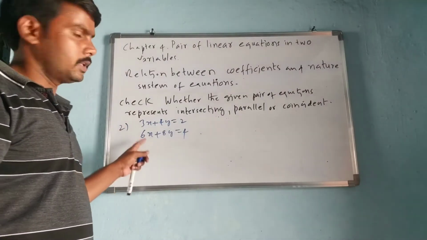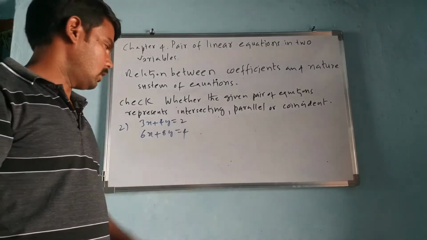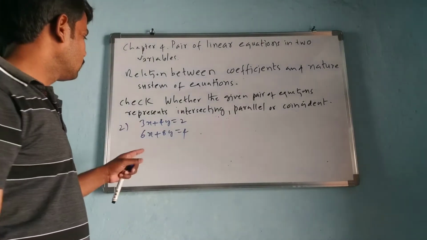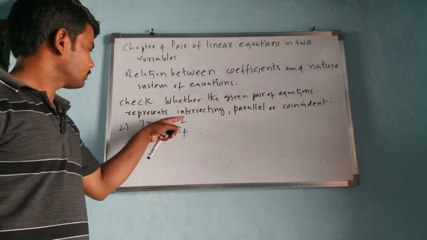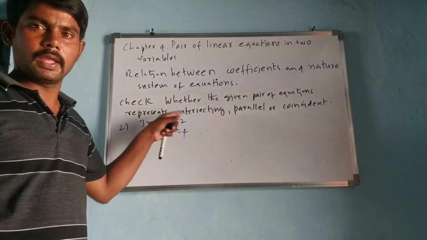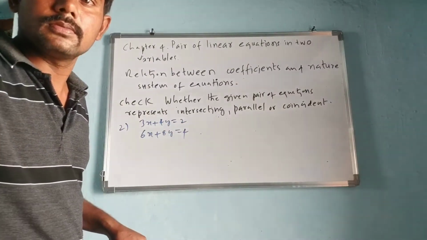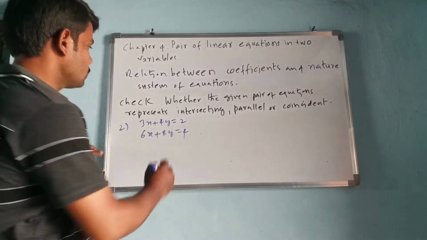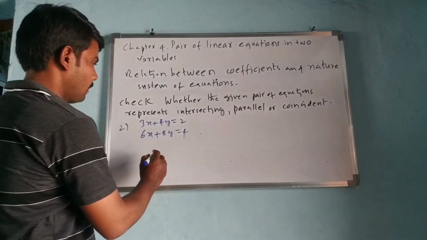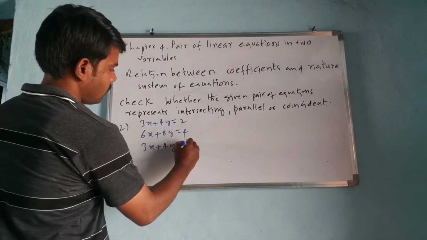So we have to check whether they are intersecting, whether they are coincident or they are parallel. So first of all, we have to transform the given equations into a general form of the equations. So the first equation can be expressed as 3x plus 4y minus 2 is equal to 0.